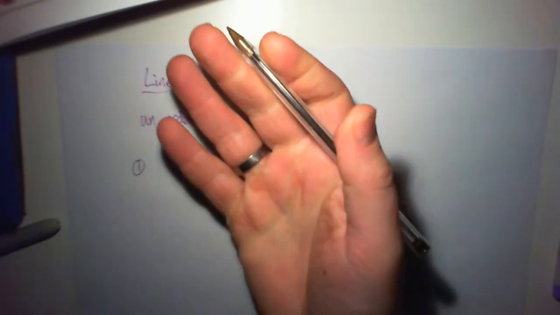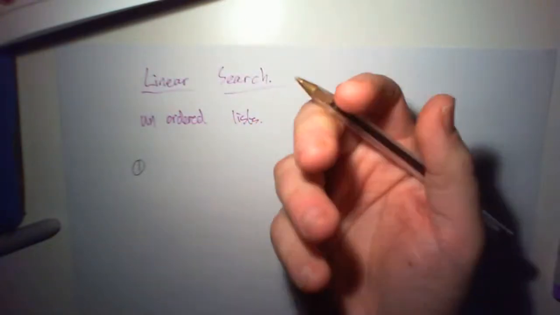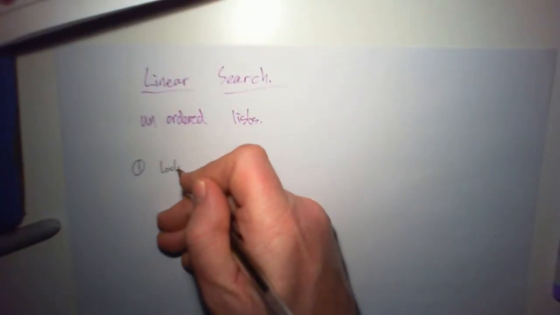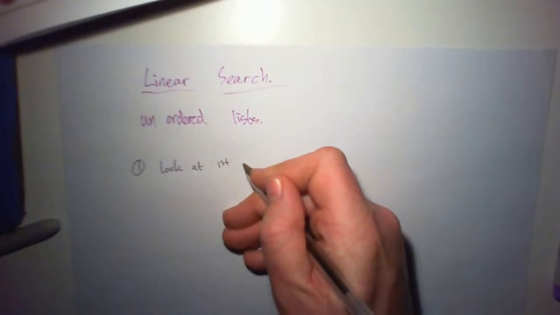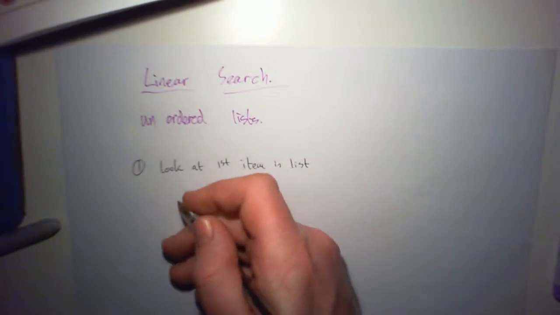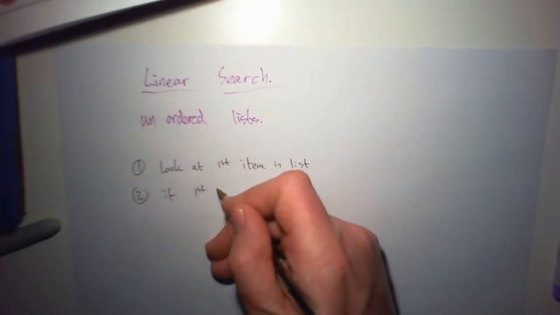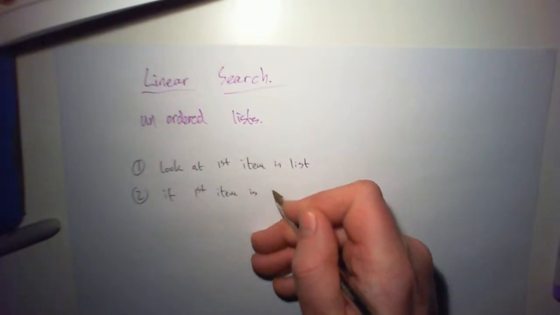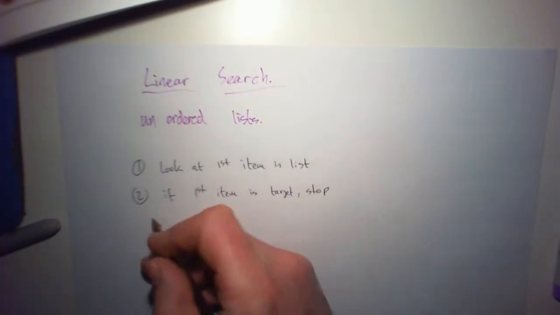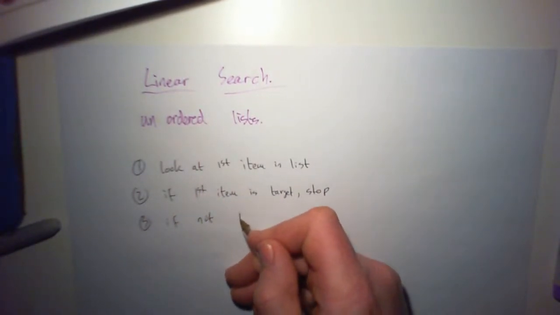You pick what you want. So let's say you have your search parameter. I'm looking for a 4. You look at the first item. Step 2, if first item is target, stop. Step 3, if not, look at next.